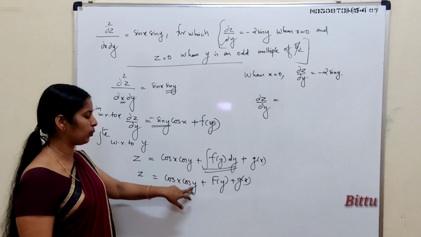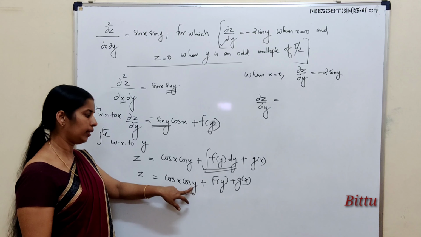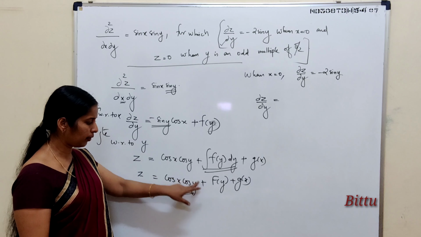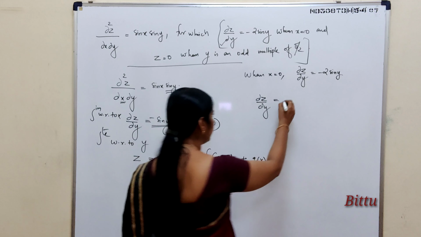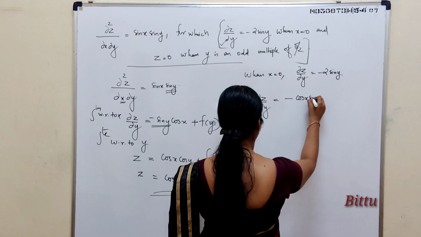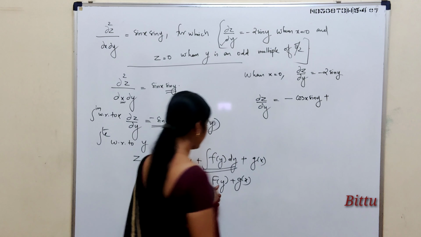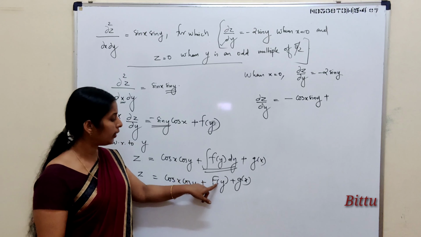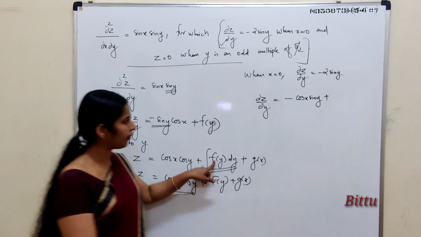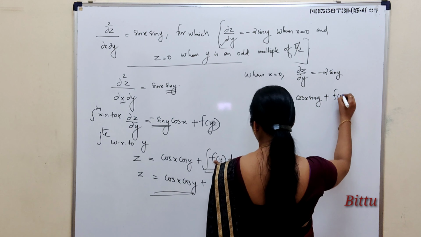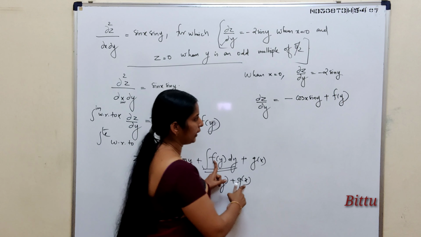You differentiate with respect to y. At that time you keep x as a constant. So the derivative of cos y is minus sin y. So it is minus cos x sin y plus the derivative of F(y), which is small f(y). The derivative of g(x) is 0.